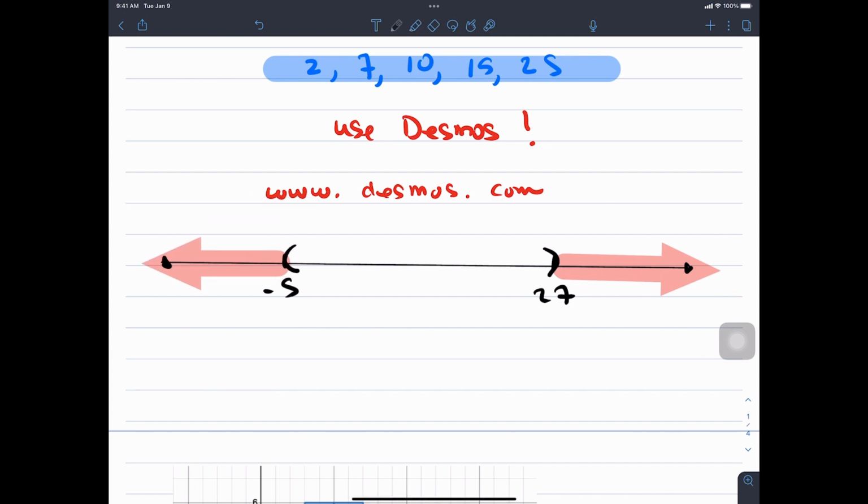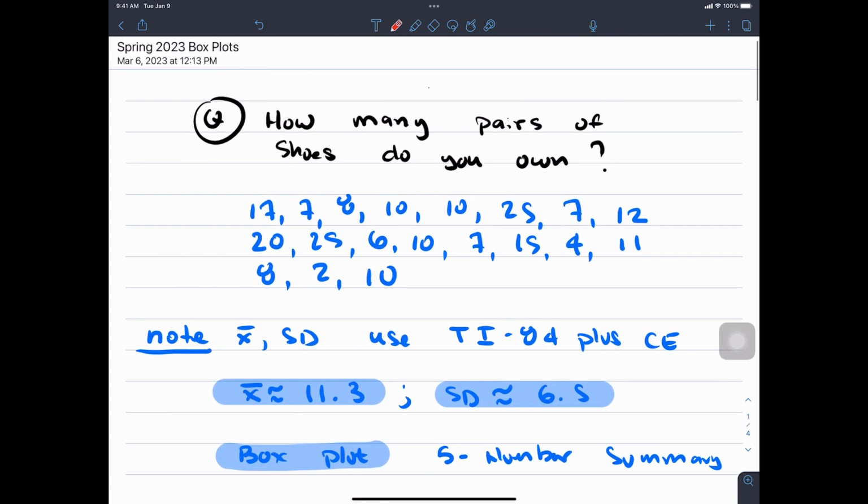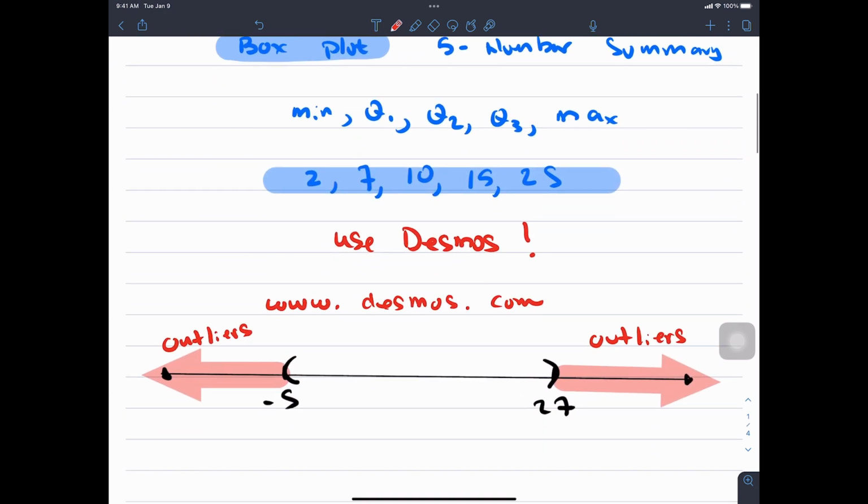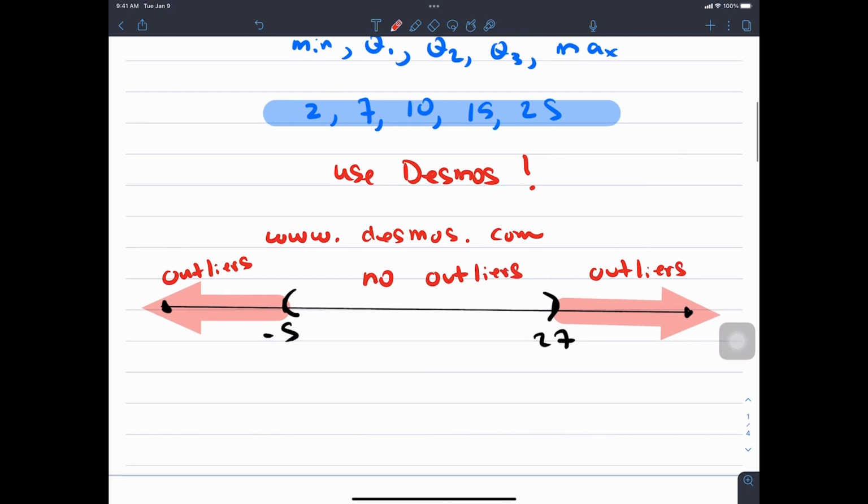This is where the outliers would live. And so, to let you know, none of the data values that we have up here are outside that interval. So that's why there's no outliers. Just so you guys know.